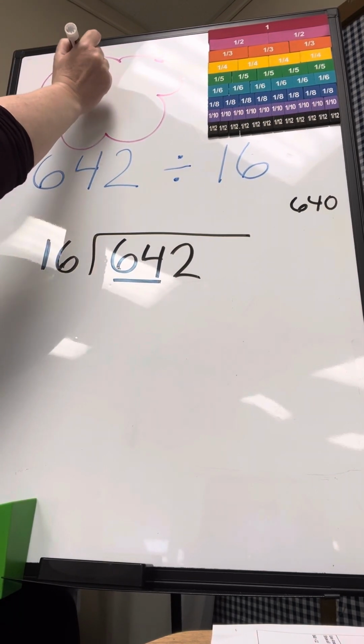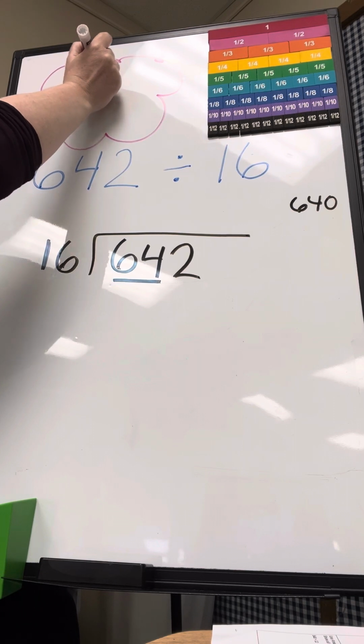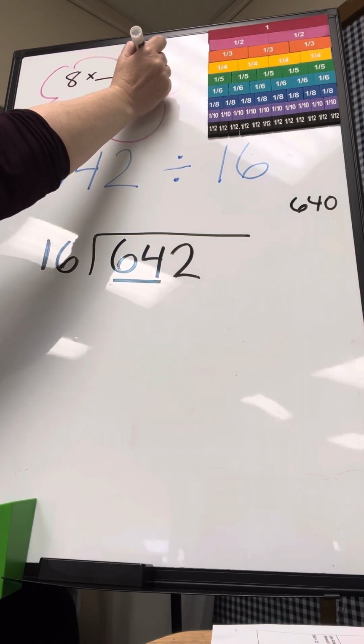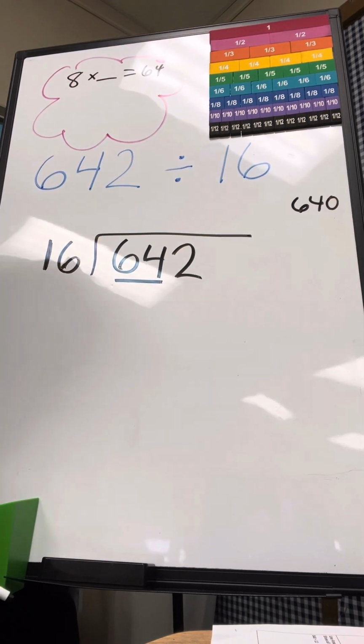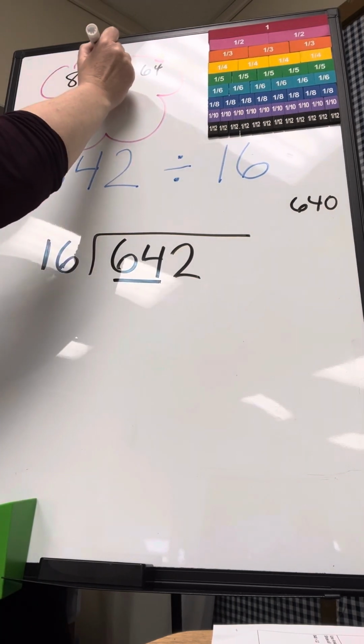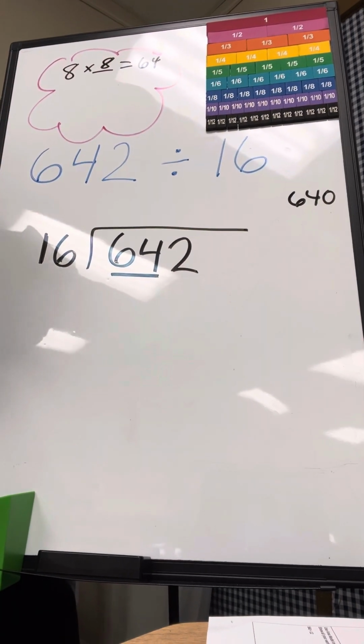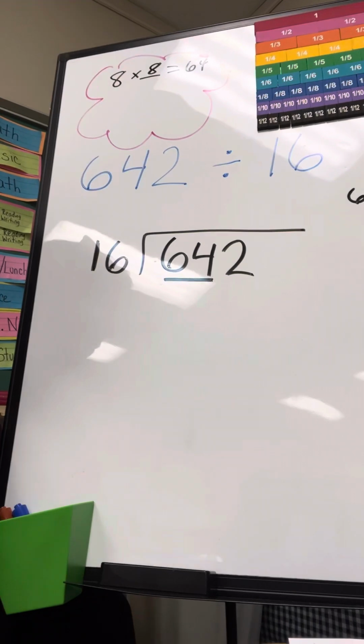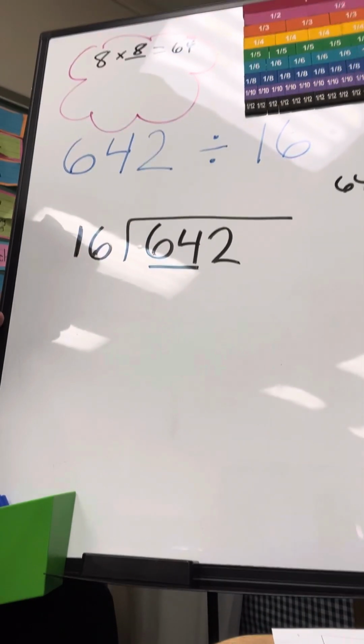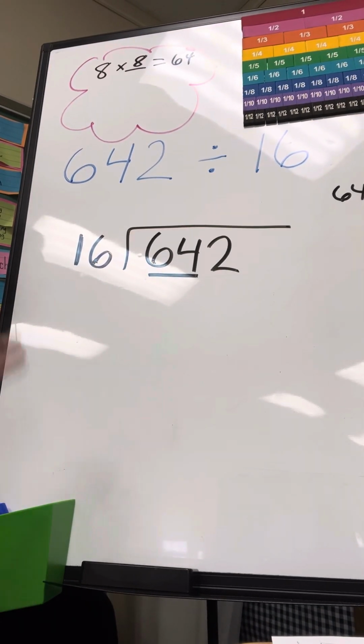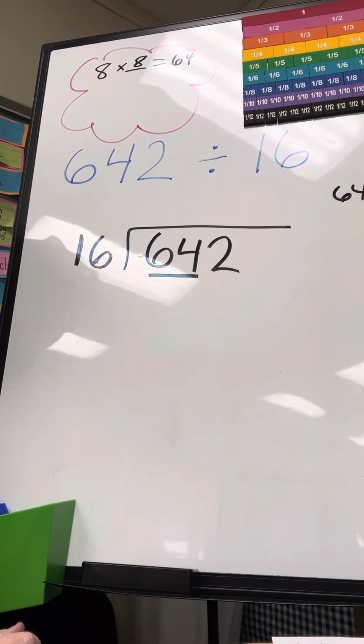8 times what equals 64? Well, I know that 8 times 8 equals 64. Can you see this up here? I know the lights are kind of glaring on my whiteboard. 8 times 8 equals 64.